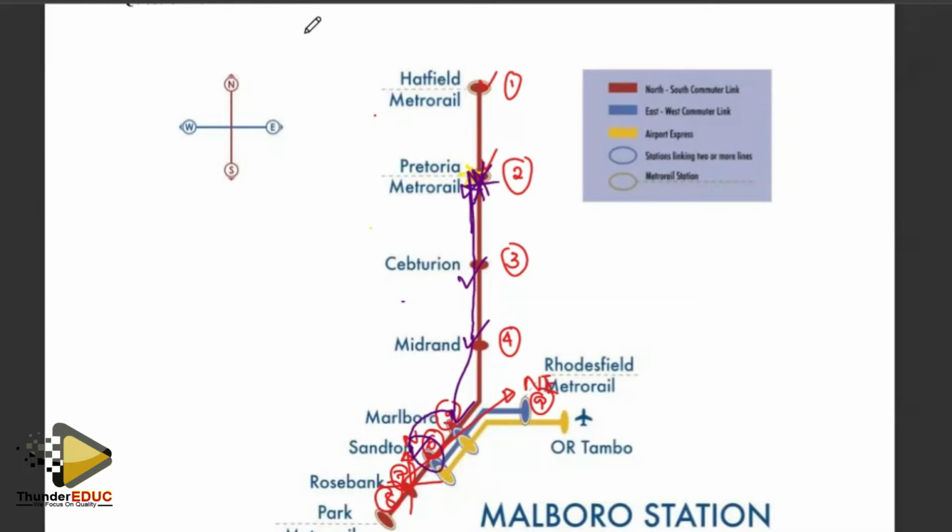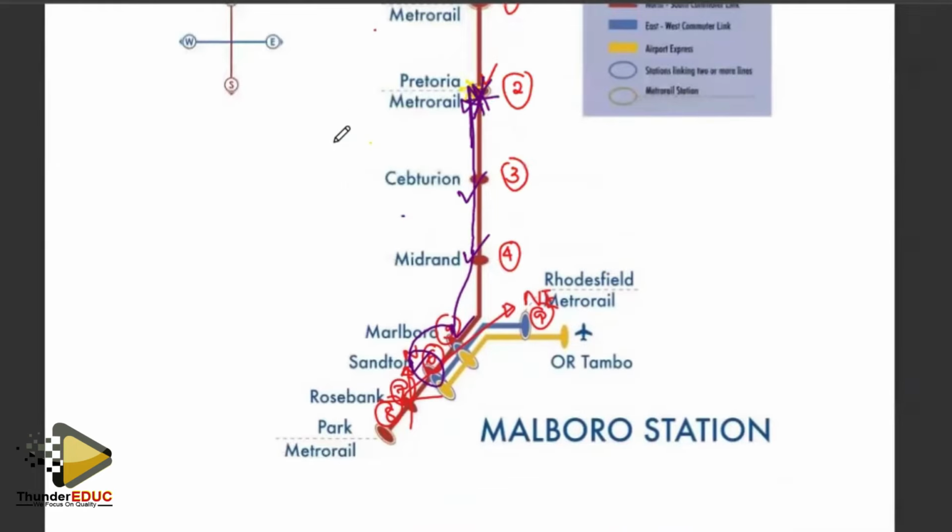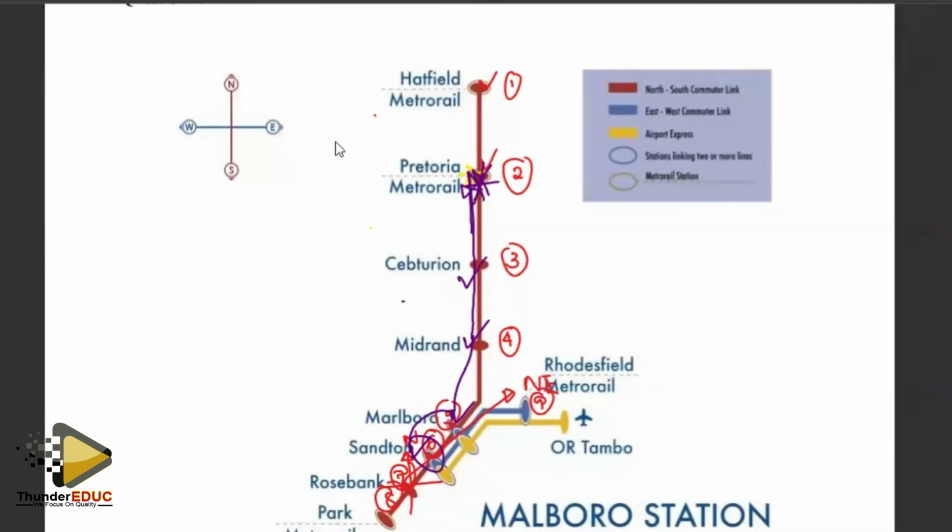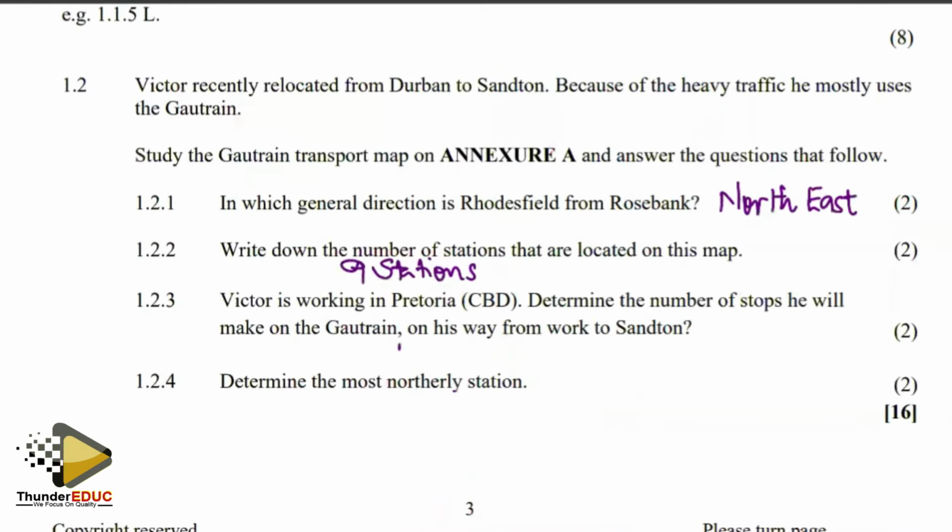Actually, there would have been 3 stops. Here he leaves, he stops, he leaves, he stops, he leaves and stops there. Then the final destination. Okay, there are 4. 1, 2, 3, 4. So there are 4 stops.